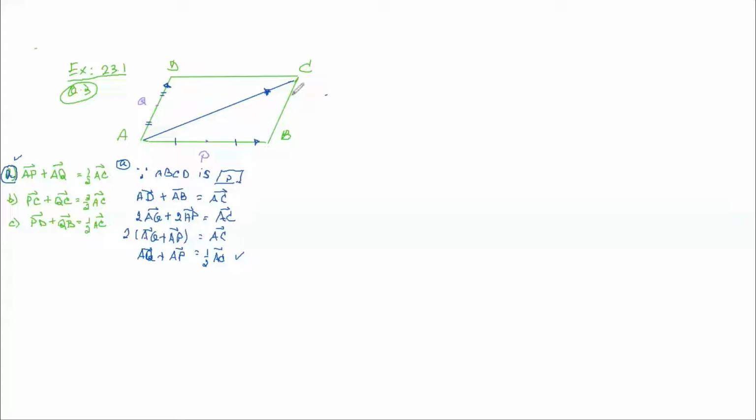Now we go for question B. Work on question B here. We want to find PC plus QC equals 3 over 2 vector AC. Now you observe, PC means this one, so we draw this line first, PC.